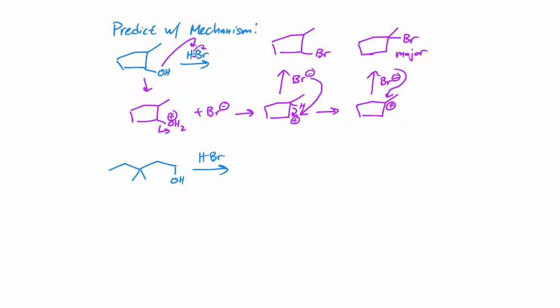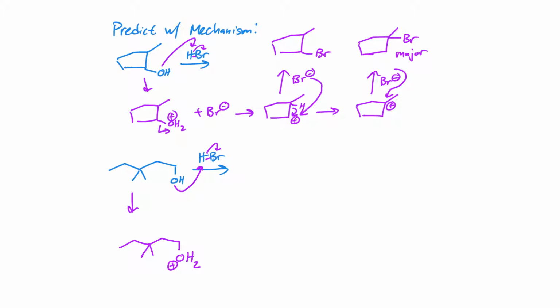Let's look at the second option on this page. We've got a primary alcohol reacting with HBr. So the first step, again, protonation of the alcohol. Now we have water as our leaving group.